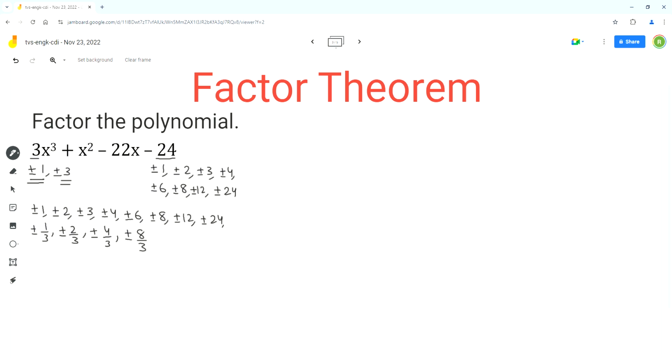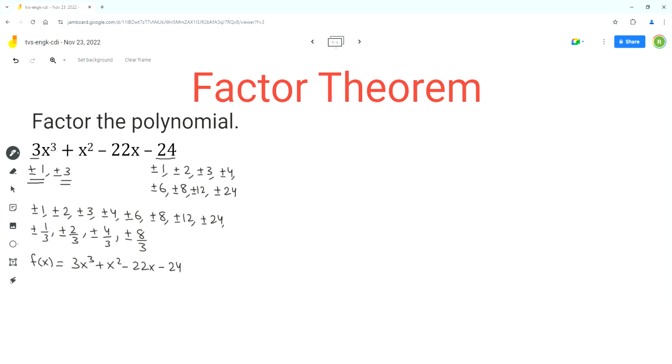Let's assume the given polynomial can be represented by function f at x. Now we have to sub in the x values one by one from our list.